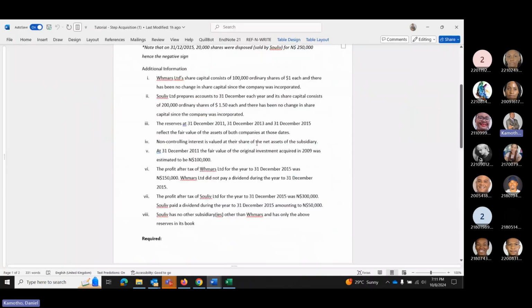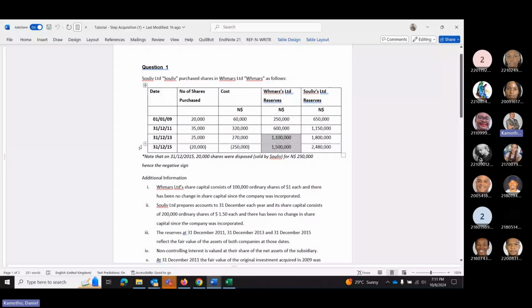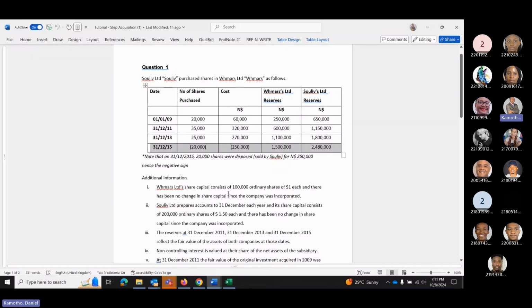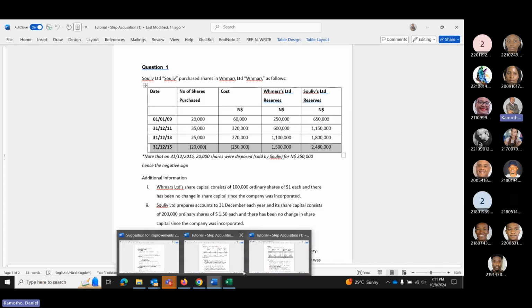But on that particular day, after the 20%, we need to look at what is happening in the movement. Again, we go back to the 31st and enter this journal. These people are going to sell 20,000 shares. Let's put it in the journal first.